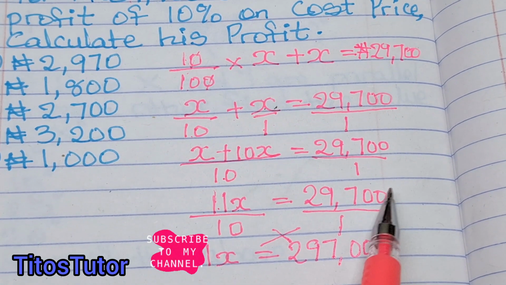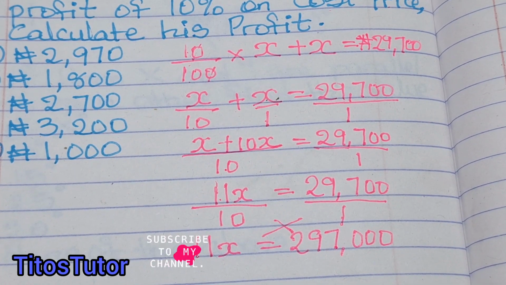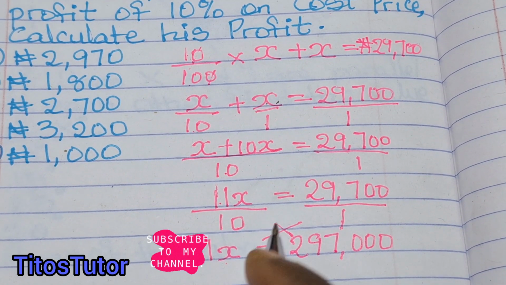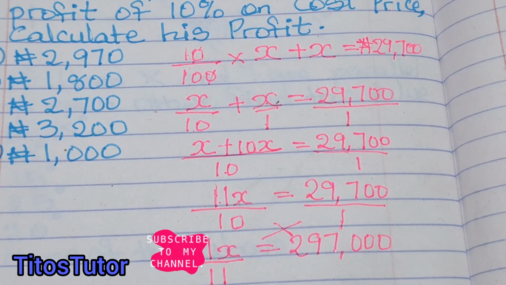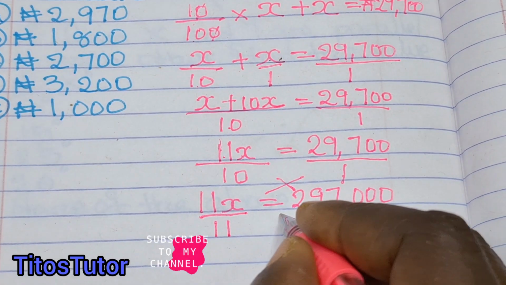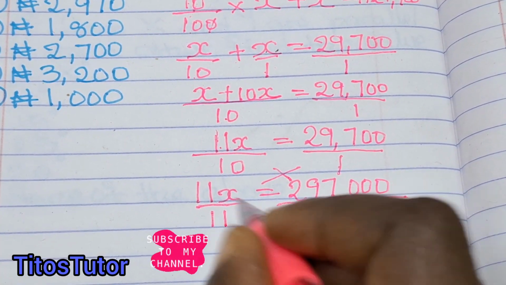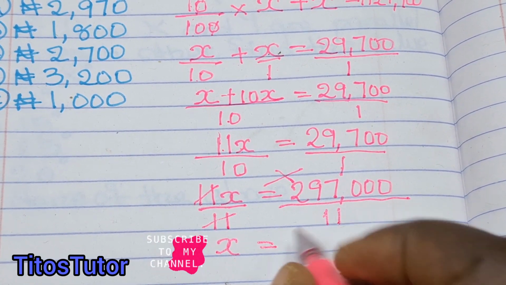Just add one more zero to this and you have multiplied by 10. I'm looking for x, which is my cost price. So I'm going to divide this side by 11 and divide this side by 11 as well. 11 cancels 11, x is on its own.